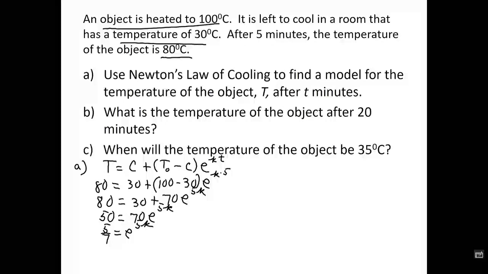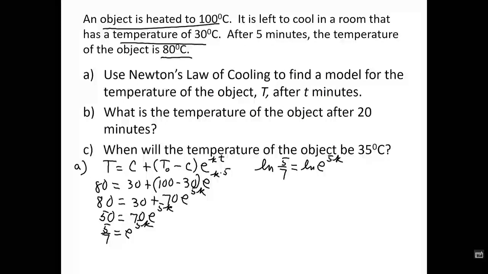All right, so now we want to continue to solve the exponential equation. 5 divided by 7 is equal to e raised to the 5k power. Again, we have the natural base e, so we're going to solve this exponential equation by taking the natural log of both sides. So we get the natural log of 5 over 7 is equal to the natural log of e to the 5k.